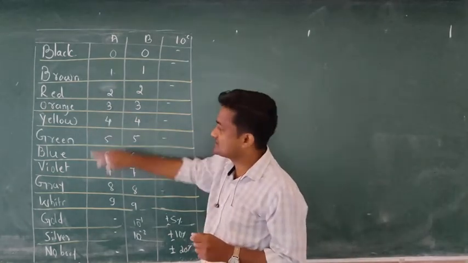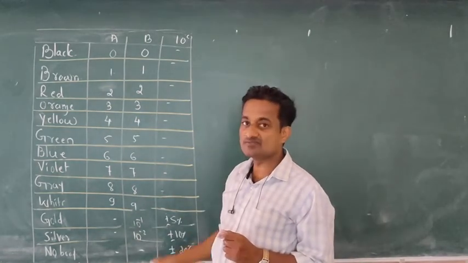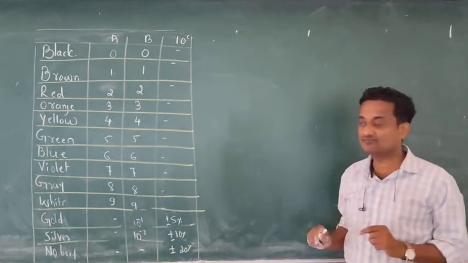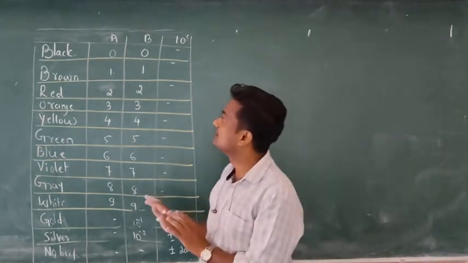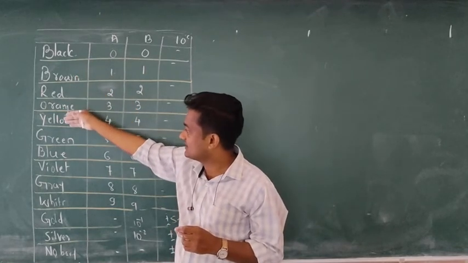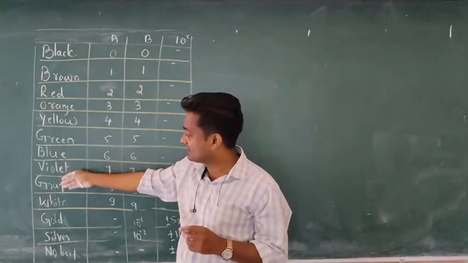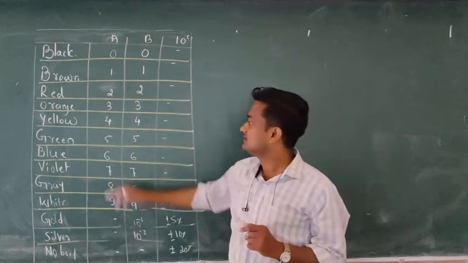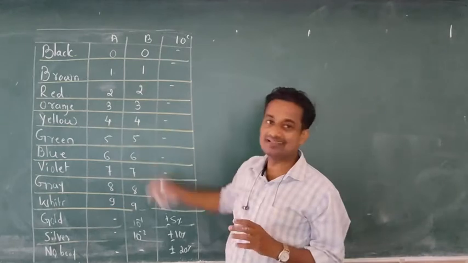If the order is changed, then it is a problem for solving the values. For that, we have to remember this table. After black comes brown, red, orange, yellow, green, blue, violet, gray, white, gold, silver, no band. If yellow, it is 4, like this.